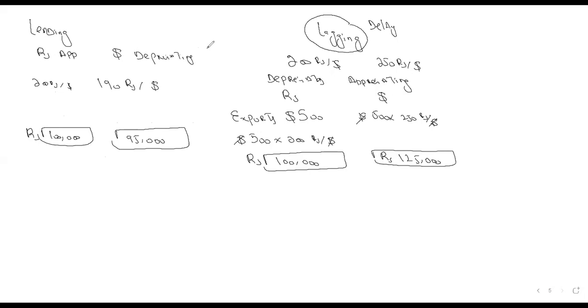So guys, what will happen in the scenario when your home currency starts appreciating? You should lead, because if you receive the payment now, lead means early, you will get 100, otherwise 95. So what is the benefit if we are having the receipts now?